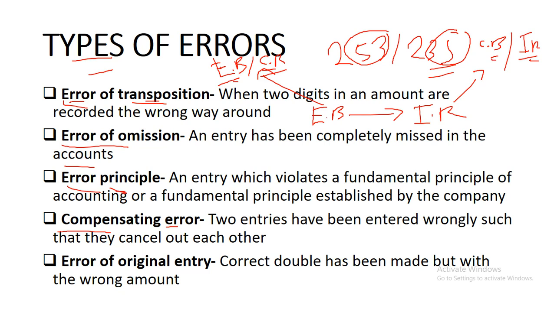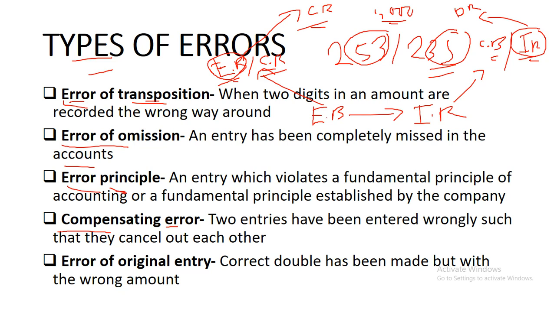But what the compensating error entails is that instead of debiting the expense account, we credit it. And then instead of crediting the interest account, we debit it with the same amount. So we say we received interest of 1,000, and we also paid an expense for electricity bills of 1,000.